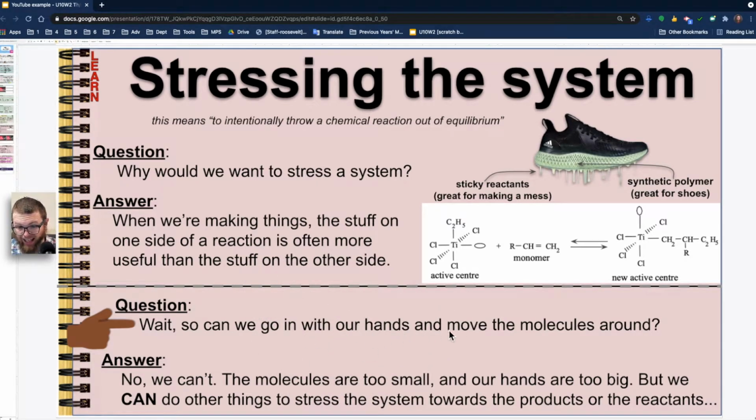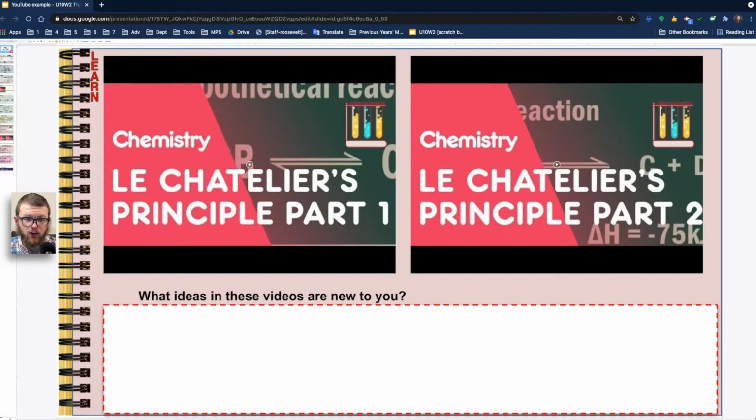So we can do other things to stress the system towards the products or the reactants, that's not grabbing molecules and moving them one by one. And that will get us to this thing called Le Chatelier's principle. There's a part 1 video and a part 2 video. You might only need to watch the part 1 video to get some of these ideas for the lab. The part 2 video is good.